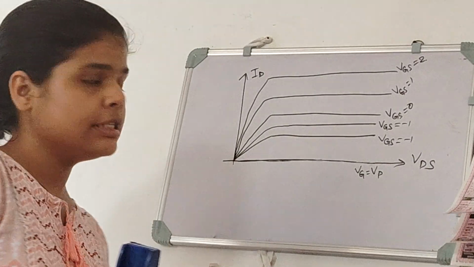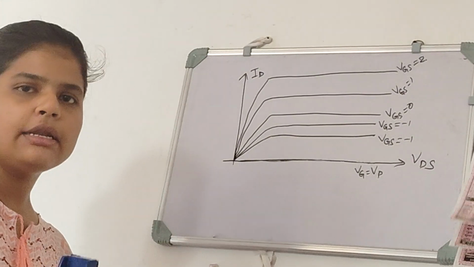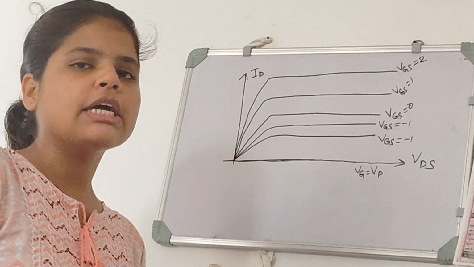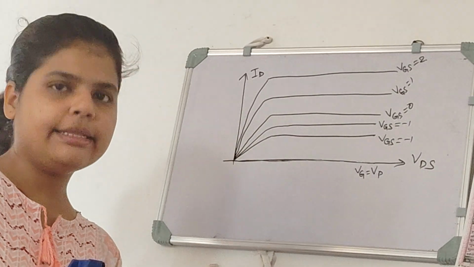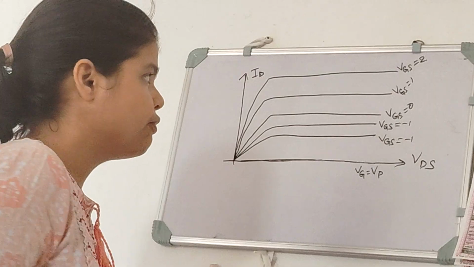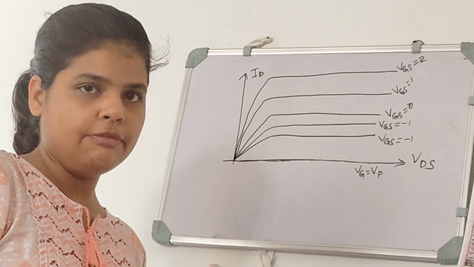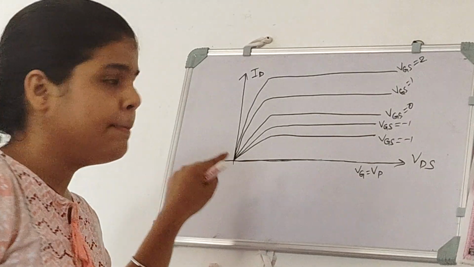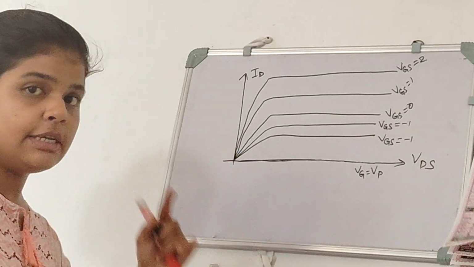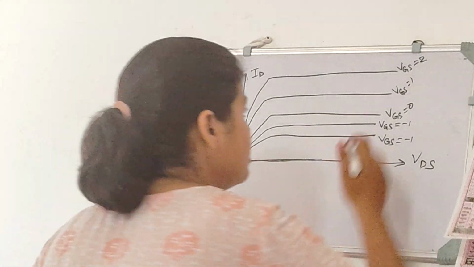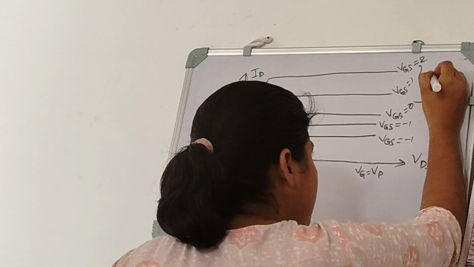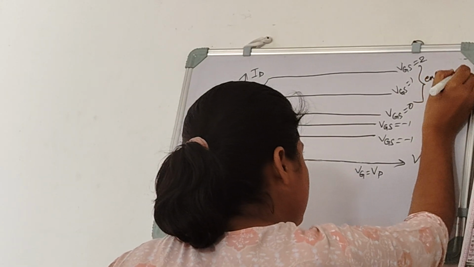Why does current increase? Because the charge carriers in the channel get increased. That is, the number of charge carriers in the channel get enhanced. So we can say that when our VGS is positive, our depletion type MOSFET is in enhanced mode.